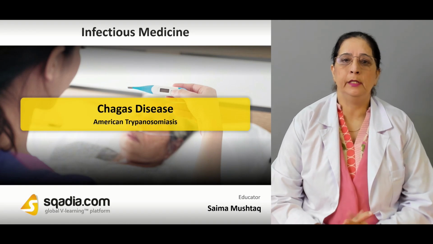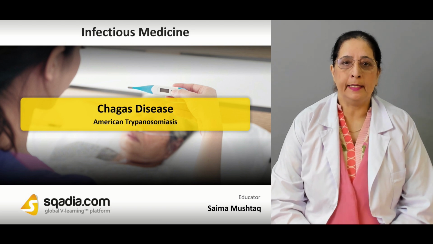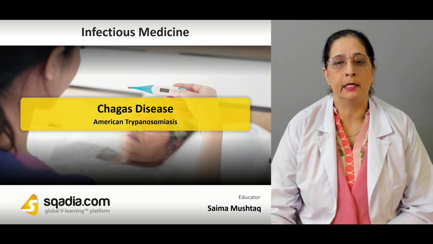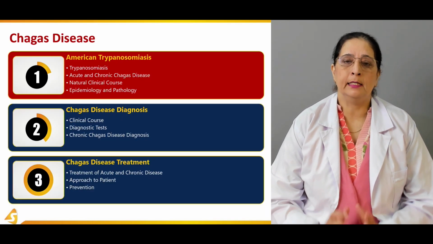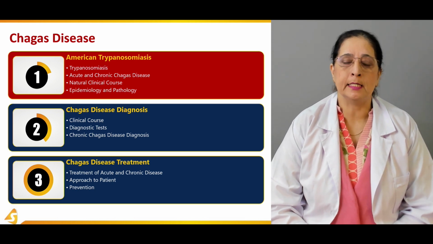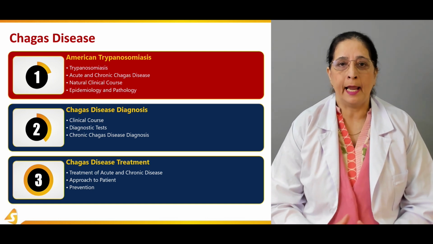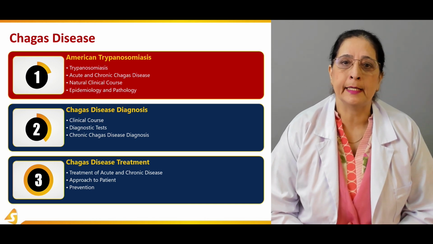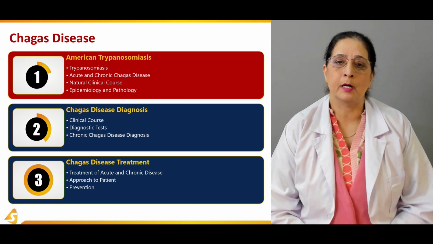Let's begin with the first section of our lecture, Chagas disease. In this section, we will talk mainly about the American trypanosomiasis. We will also talk about the difference between acute and chronic infection caused by the American trypanosomiasis, or Trypanosoma cruzi.